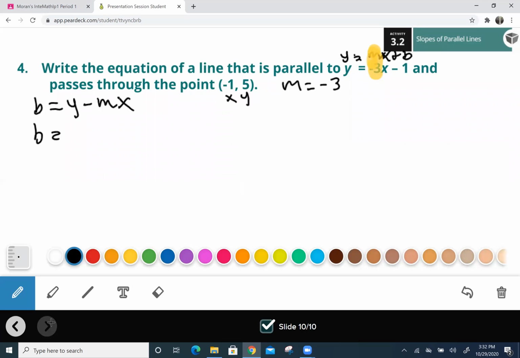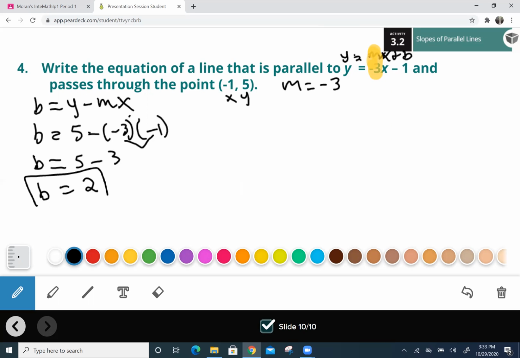So b equals 5 minus negative 3 times negative 1. So negative 3 times negative 1 is positive 3, so it's going to be 5 minus a positive 3, which is equal to 2. So the line is going to be y equals negative 3x plus 2.